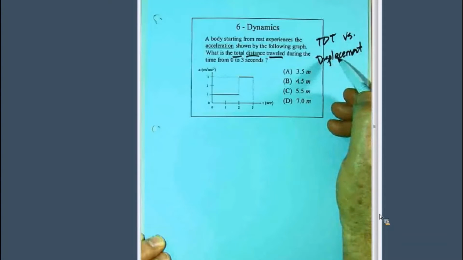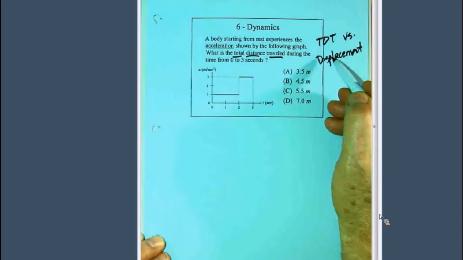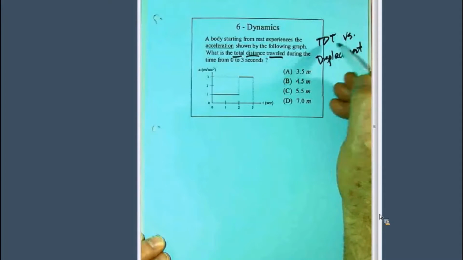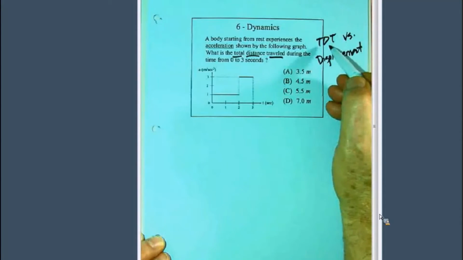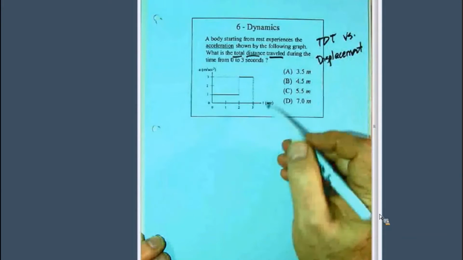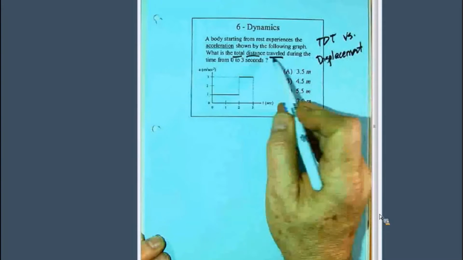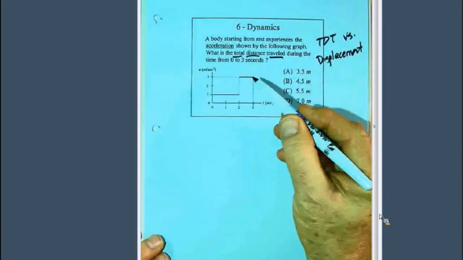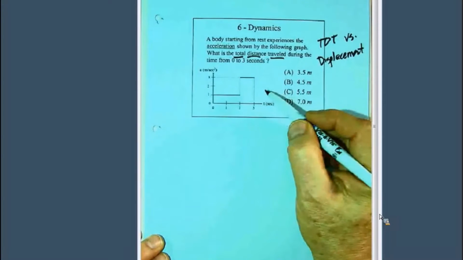You're still where you started from. The displacement is where you were and where you ended up. The total distance traveled was 10 out and 10 back, so it's 20. So when you have a reversal, these two are different, but in this particular case they're the same. So whether they asked you for the total distance traveled or the displacement, you would have gotten the exact same answer. But you get to see that only on a VT diagram.